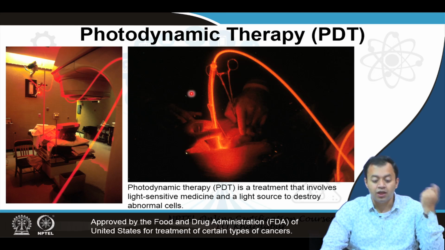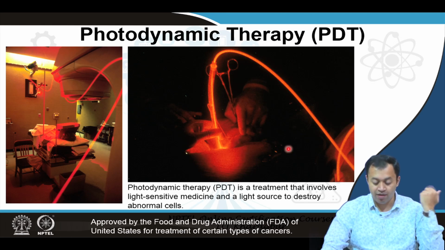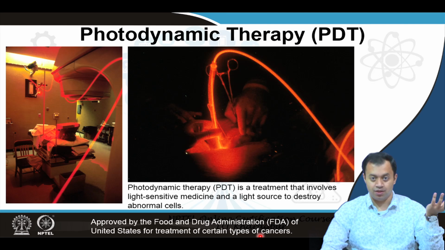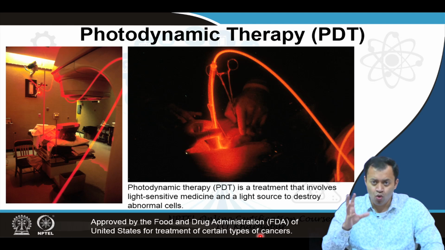This is photodynamic therapy approved by one of the highest agencies of the United States government, and we are seeing more and more use of PDT in treatment of cancer. So, what exactly does PDT do? What is PDT in a more detailed way?